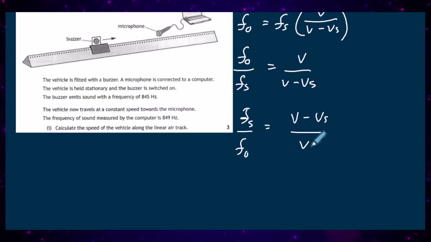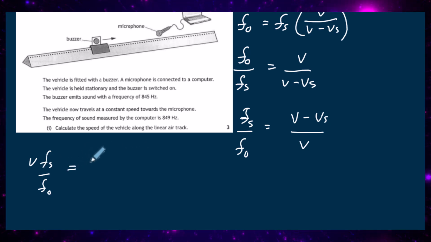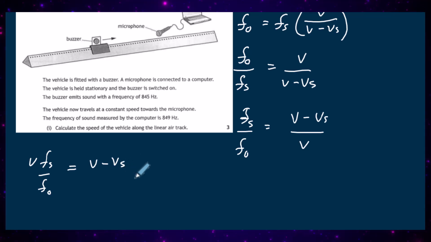Then we can multiply both sides by v, and we get v fs over f0 equal to, in this case, v minus vs.